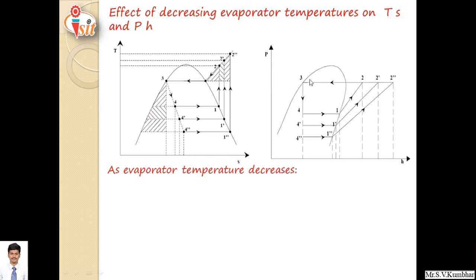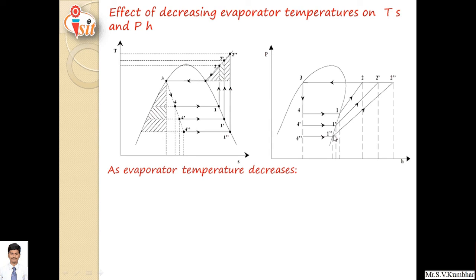If you consider another cycle 1 dash, 2 dash, 3, 4 dash, similarly 1 double dash, 2 double dash, 3, 4 double dash. So what does it mean? Here the evaporator temperature decreases from 1 to 1 dash, 1 dash to 1 double dash.